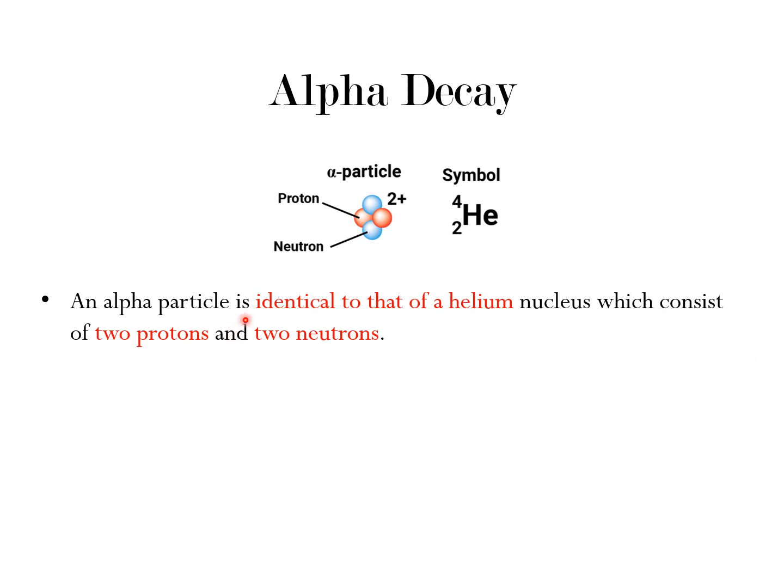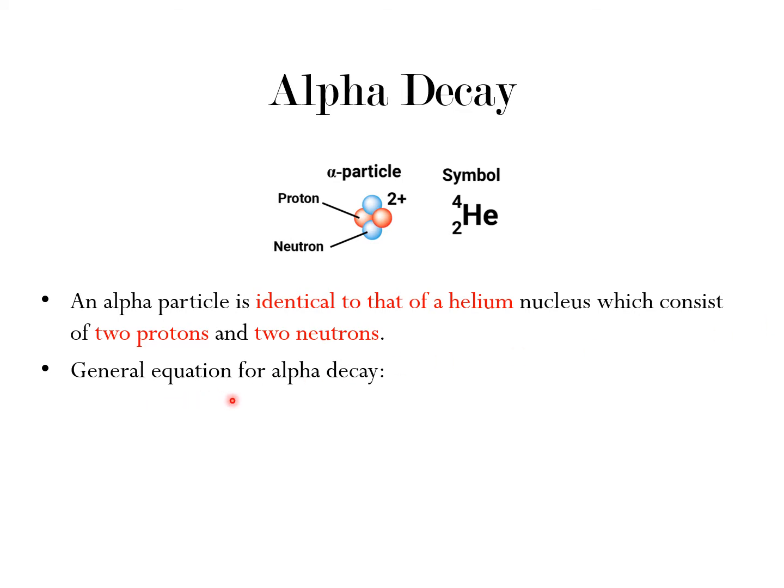An unstable nucleus releases an alpha particle to become a more stable nucleus of a new element. So here is the structure of alpha particle and its symbol. An alpha particle is identical to that of a helium nucleus, which consists of 2 protons and 2 neutrons.